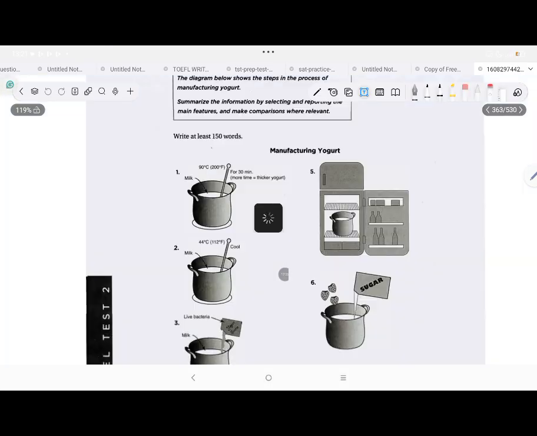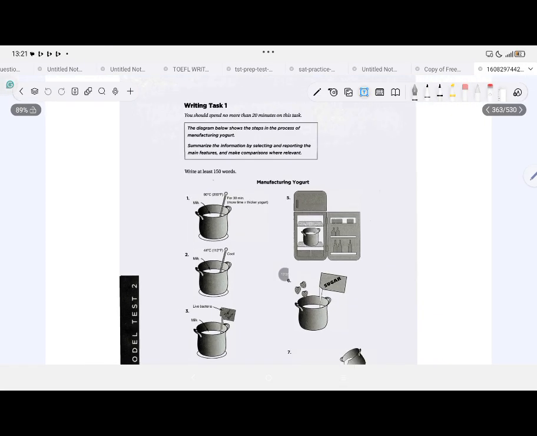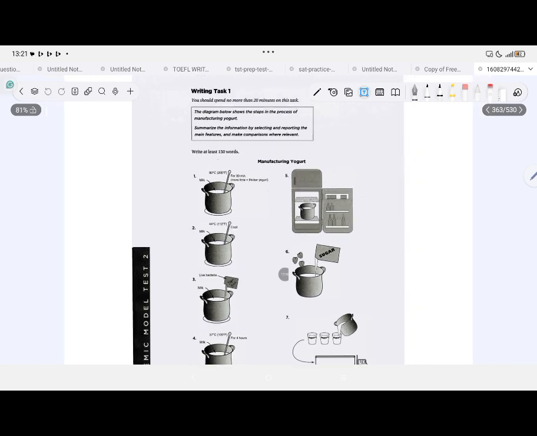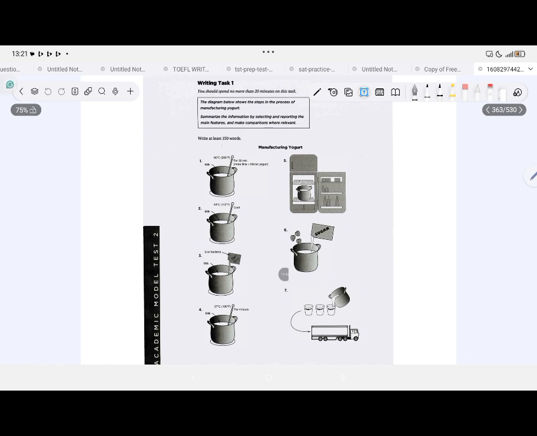Now let's do another question, and then we can proceed. So this is a sample question. I'm trying to make you see the whole thing.